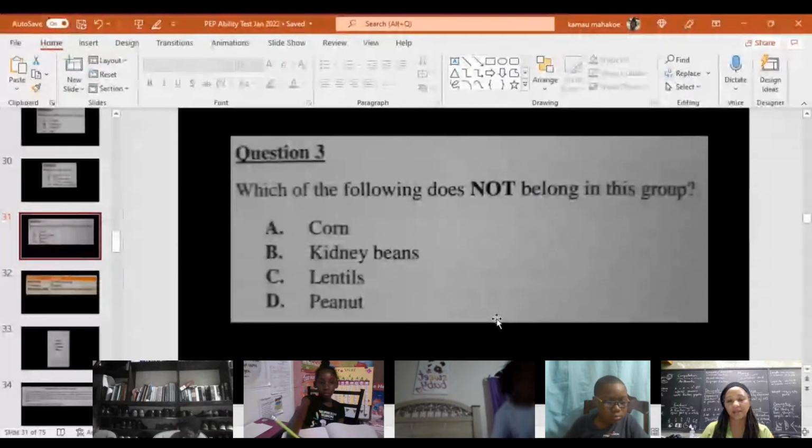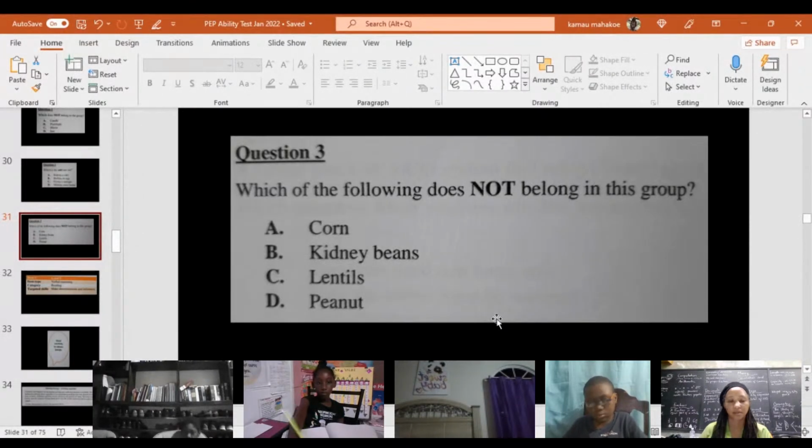Miss, I would say A. Corn. Because kidney beans, lentils, and peanuts are types of beans, legumes. And the corn is a grain.